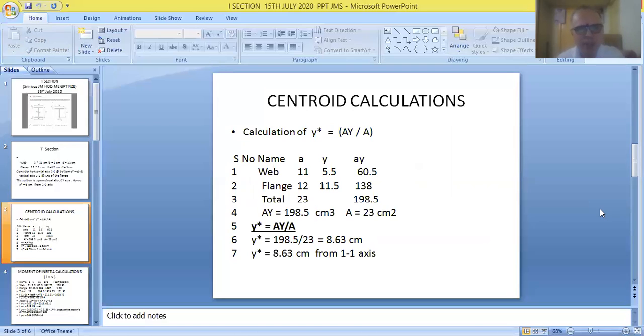Only by doing all the calculations will you be in a position to find the value of Y bar. X bar is a direct figure because the figure is symmetrical about the y-axis, but it is not symmetrical about the x-axis, so you have to prepare this table and make all the calculations for getting the value of Y bar.